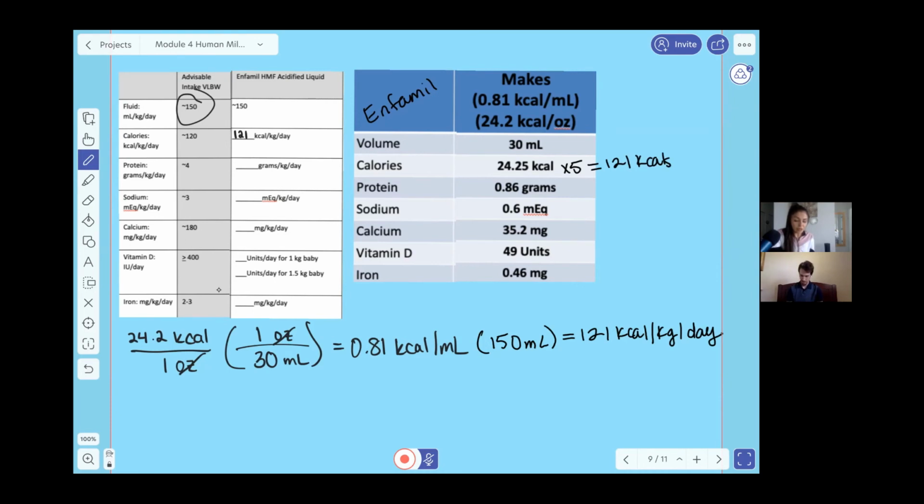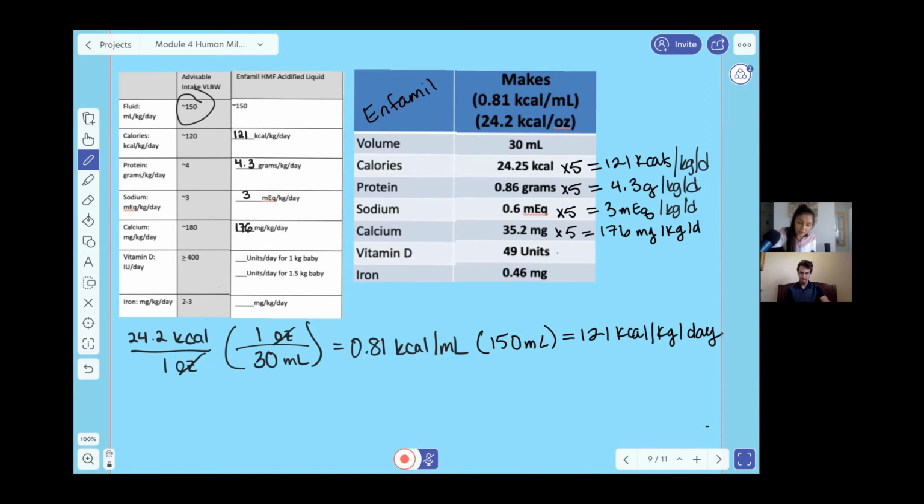Okay, and then our same thing with our protein. We're going to multiply it times 5, which is going to give us about 4.3 grams of protein. Our sodium is going to give us about 3 milliequivalents. Our calcium we multiply by 5, and that's going to give us about 176 milligrams per kilogram per day.